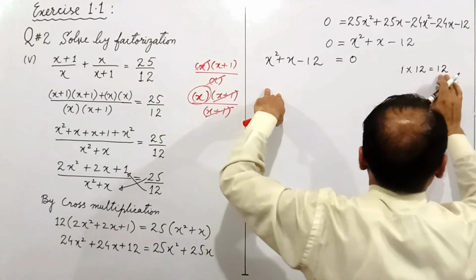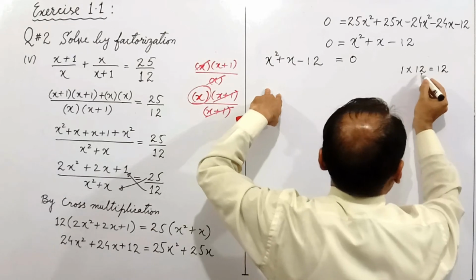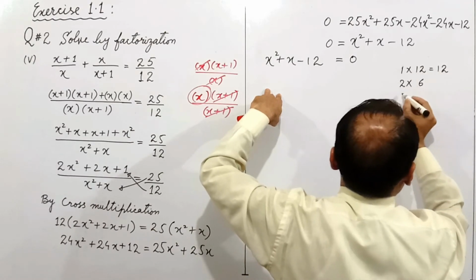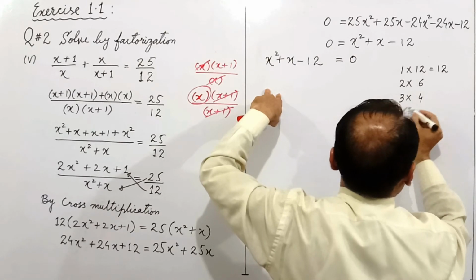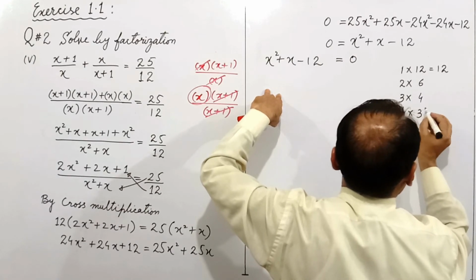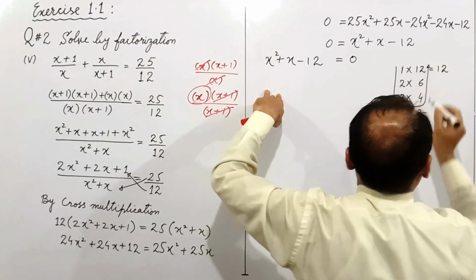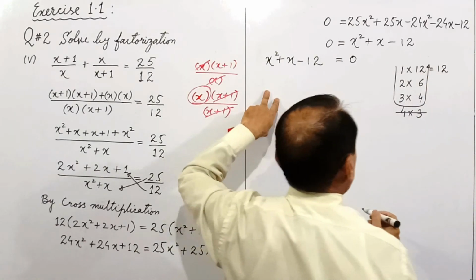We find the factors of 12. 1 times 12, 2 sixes are 12, 3 fours are 12, 4 threes are 12. Factors are repeated, so we stop, and hence we complete the U.